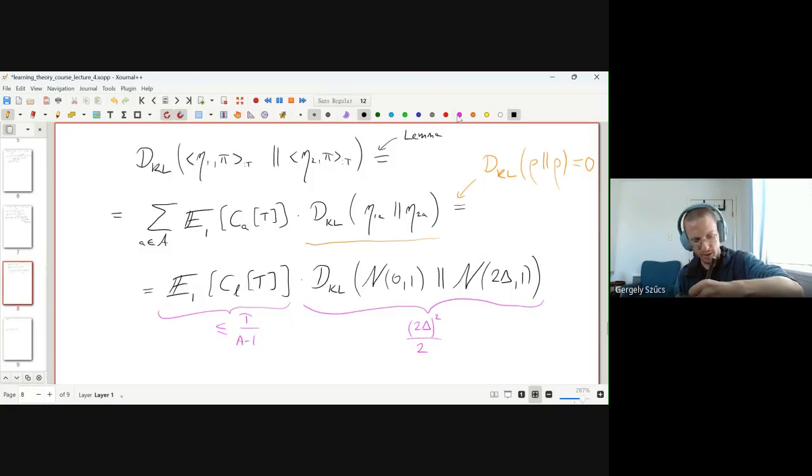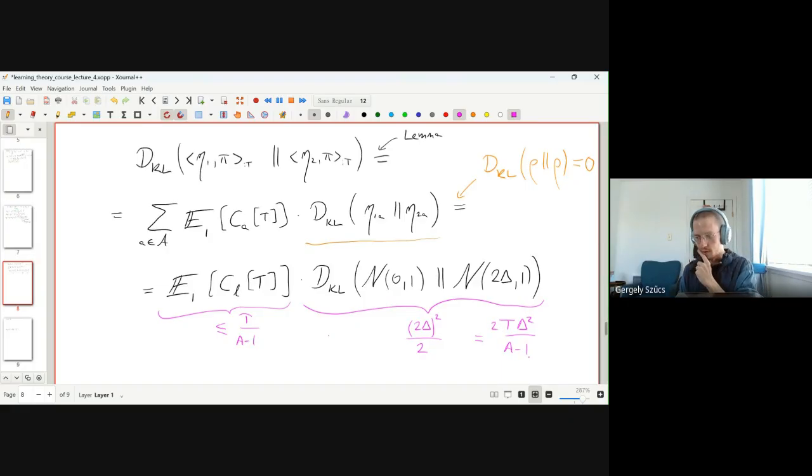Here, the product of these two things is 2t delta squared over A minus 1.